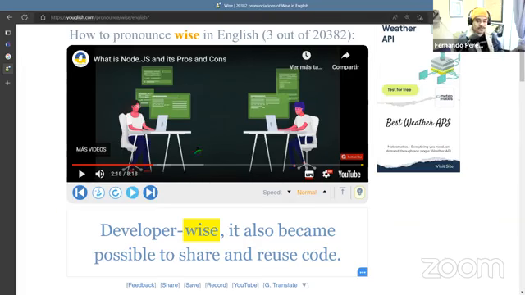The reason we are using the word wise is, I understand it like this. Talking about the developer world, or in the context of developers, you know?